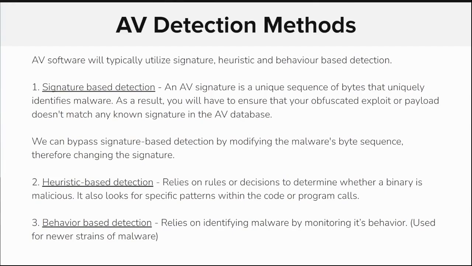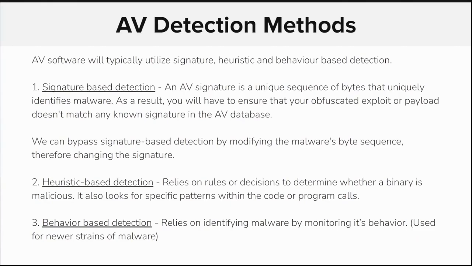Now, how is this signature generated? Well, again, the easiest way that this is done is to just generate a hash of that executable, or to get the hash value of that executable, right? And I'll not dive into that right now because that's really not within the scope of this course itself.